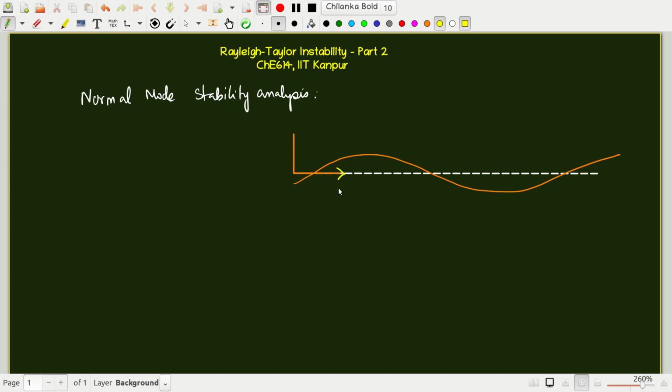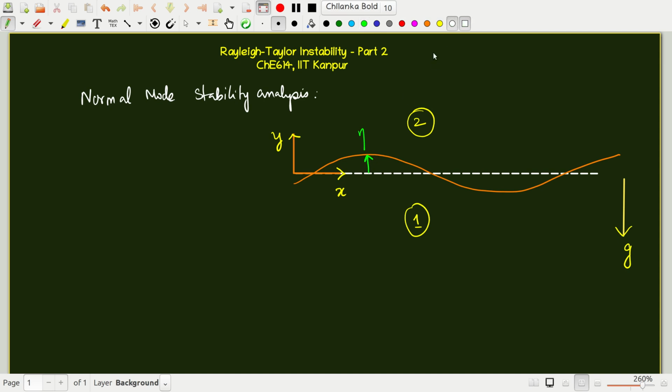This is x and this is y. This is fluid 1 and this is fluid 2, and gravity is acting vertically downwards. The interfacial deflection from the flat unperturbed interfacial location is denoted as eta.